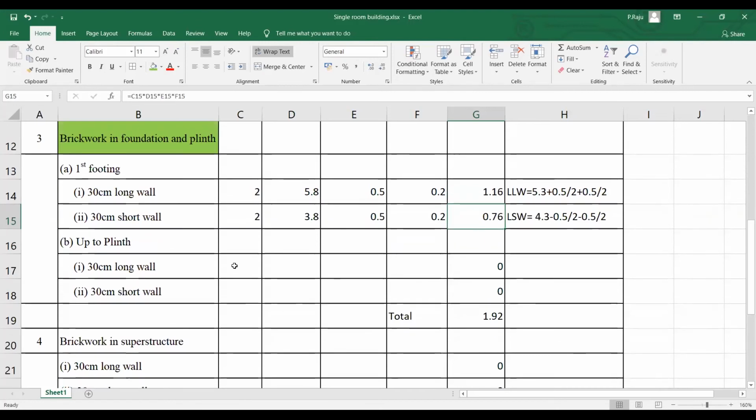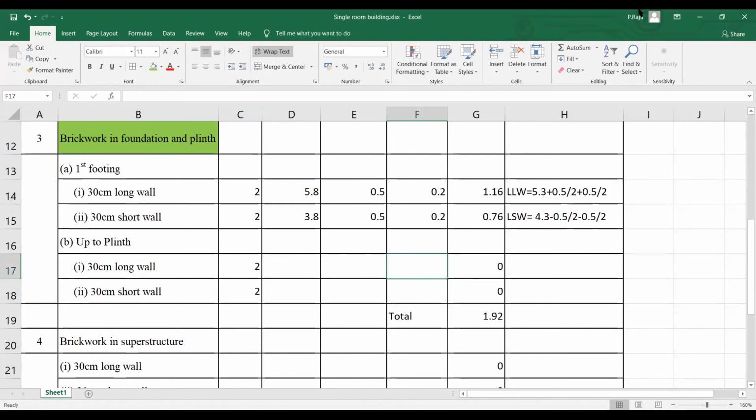Similarly, for plinth level, up to plinth level, the long walls and short walls are one and the same, 2 and 2. Okay. Then what about the breadth and height? Can someone say in the chat box what is the breadth and height of plinth?